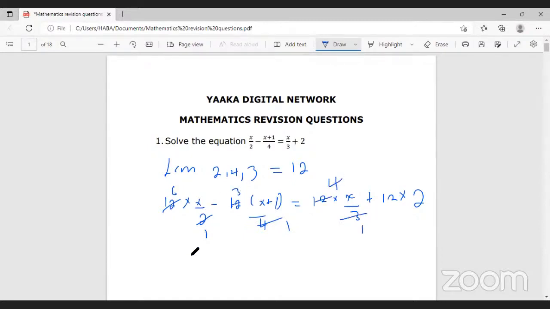So 6 times x is 6x. Then minus 3 times (x plus 1). Then 12 times 2, it's 24.